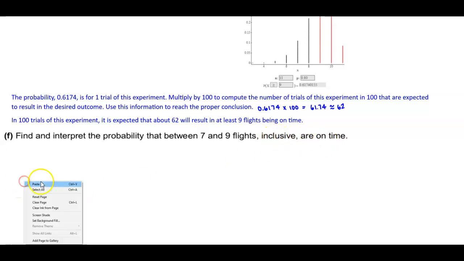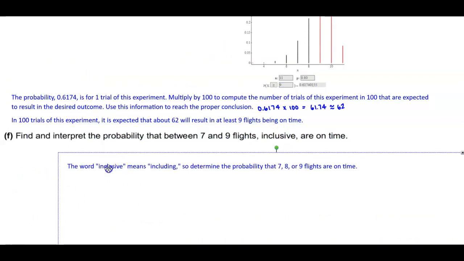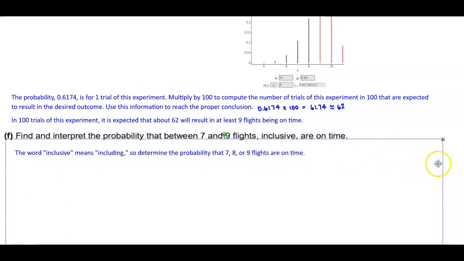So what does inclusive mean? Well, the word inclusive means including. So determine the probability that 7, 8, or 9 flights are on time.